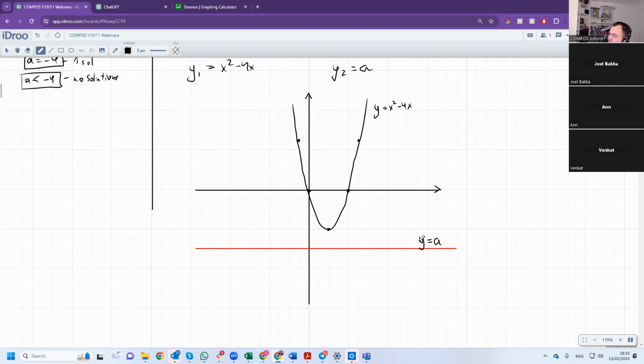Well, it's not really a quadratic inequality. So in particular, this is y equals minus 6, or basically a equals minus 6.